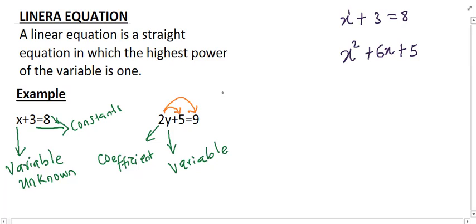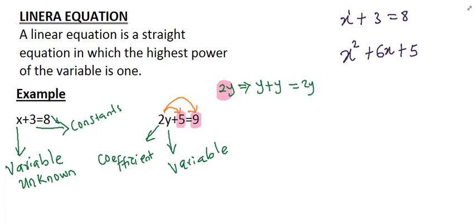Instead of saying 2y, you can also imply y plus y, which gives you back the same 2y. So let's consider this as two variables summing up to give us this, not just as a single entity. In essence, the 2, which is the coefficient here, is never the same as the constants that we have here. So let's go ahead and solve some questions.